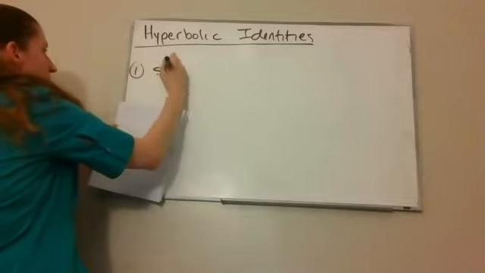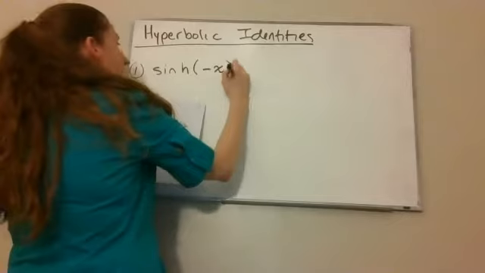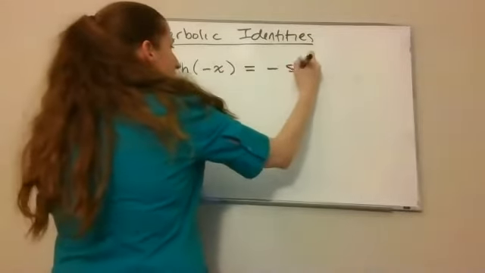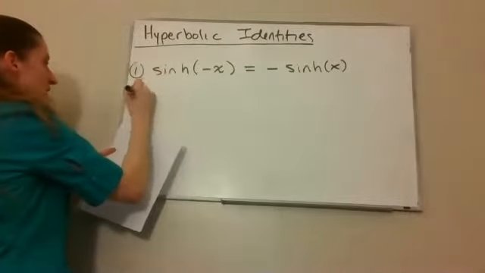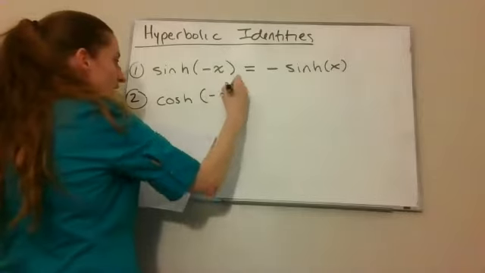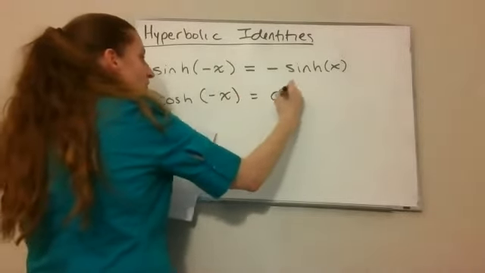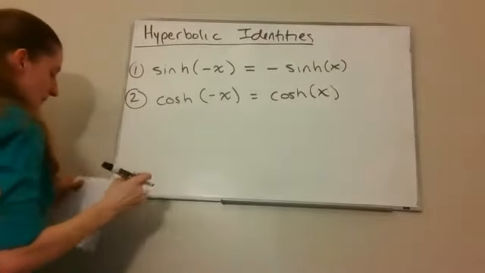First, hyperbolic sine of negative x is equal to negative hyperbolic sine of x. Hyperbolic cosine of negative x is equal to just hyperbolic cosine of x.